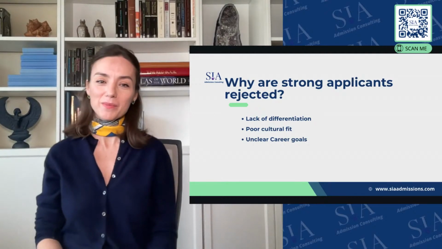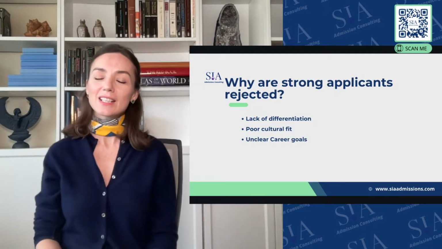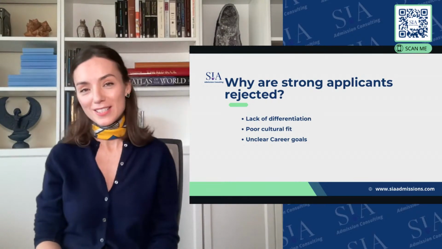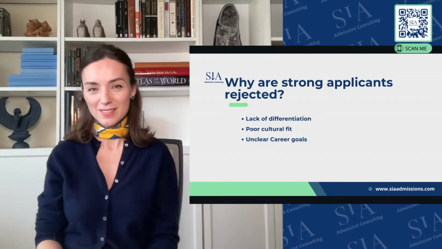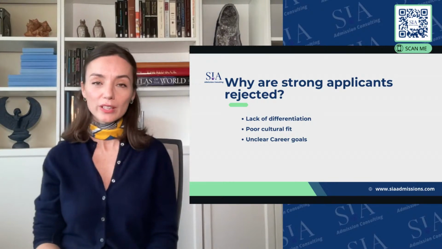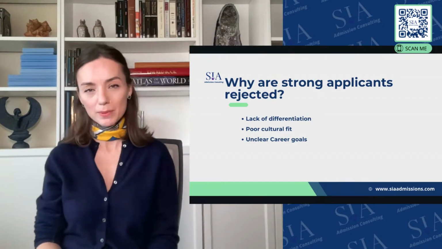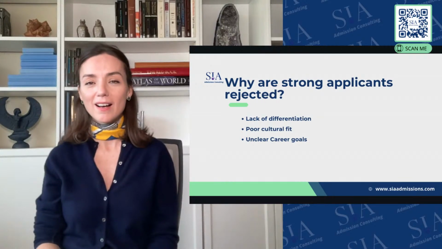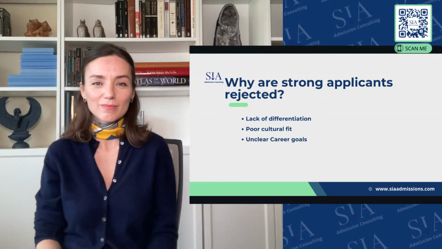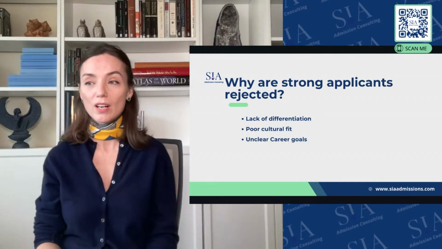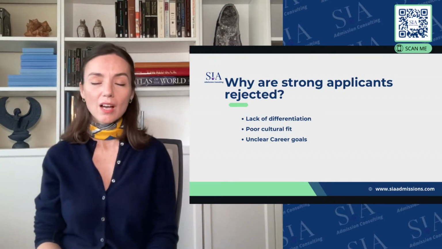And oftentimes, it's really the career goals that break the application. Admission teams are looking for, of course, ambitious applicants who are going to essentially be the next generation of leaders shaping the business world.